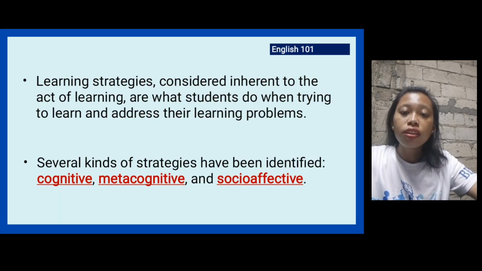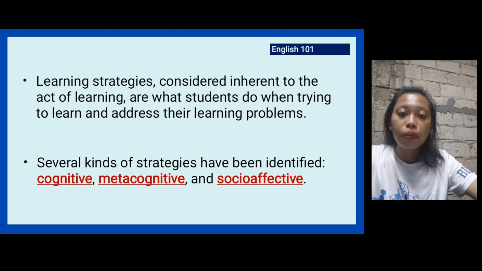Learning strategies, considered inherent to the act of learning, are what students do when trying to learn and address their learning problems. Learning strategies are the techniques or actions that students use to help themselves learn better and solve learning problems.